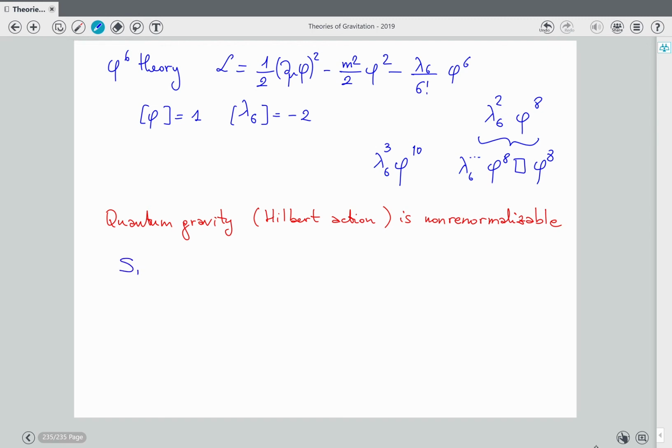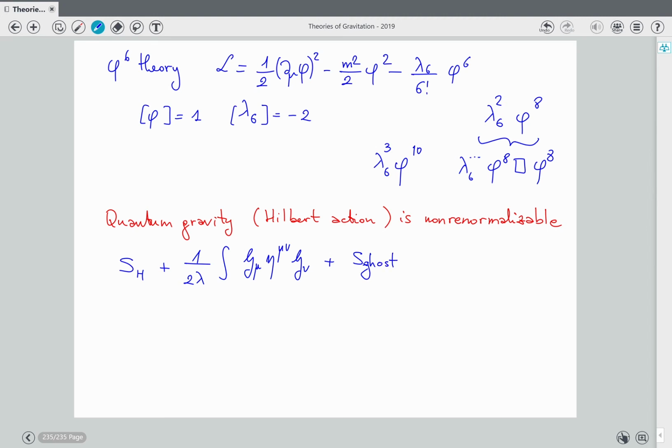We have seen that the action is something like this. This is the gauge fixed action, and there is the ghost part.